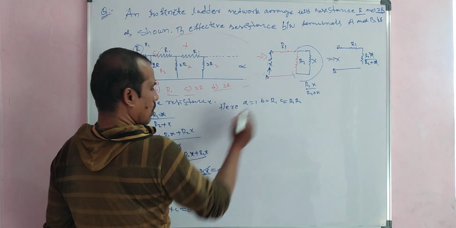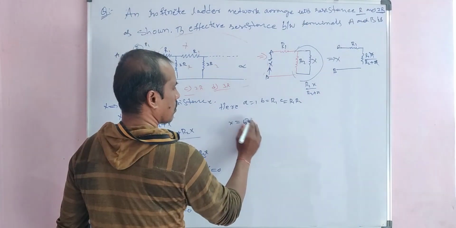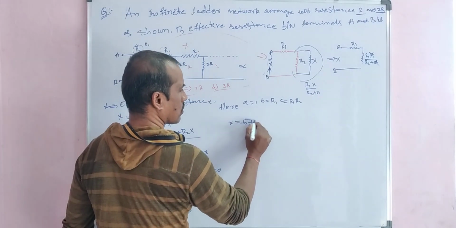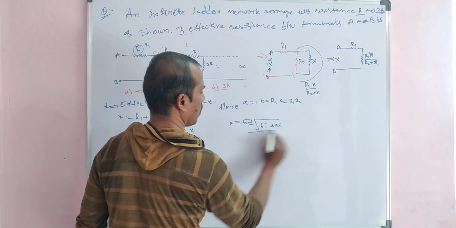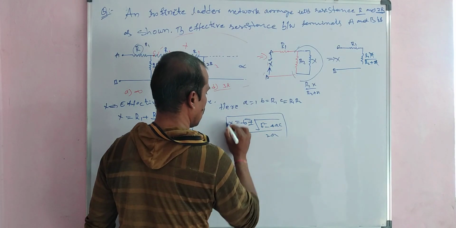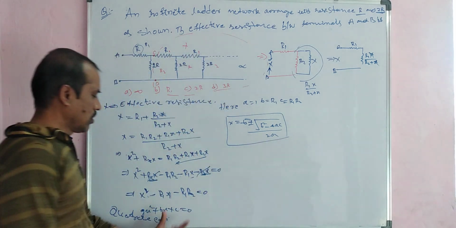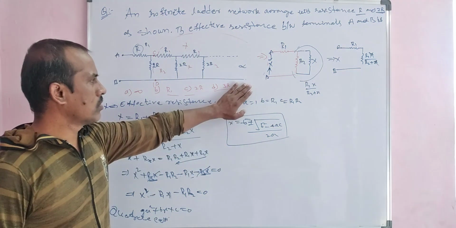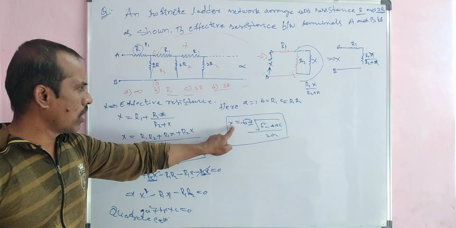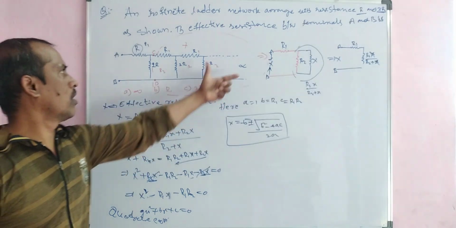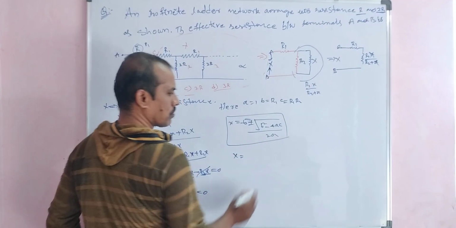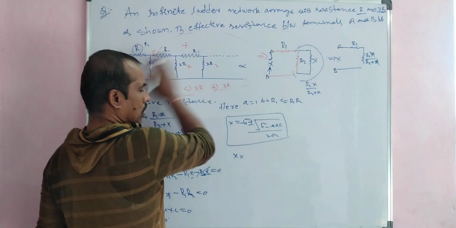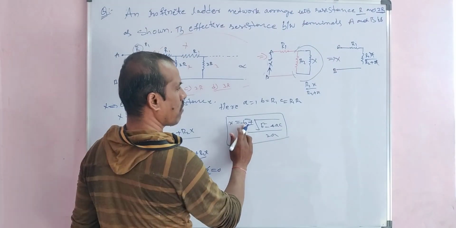The formula is x equal to minus b plus or minus under root of b square minus 4ac, by 2a. Substituting these values, x means the effective resistance of this network.